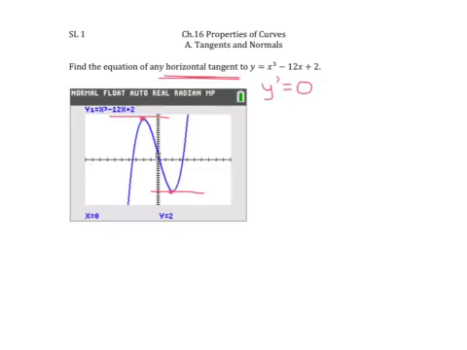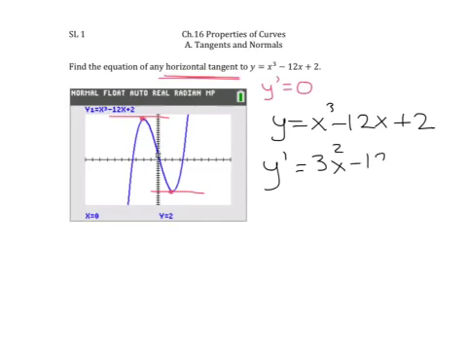So given y is equal to x cubed minus 12x plus 2, we can take the derivative of this function, which gives us 3x squared minus 12, and set it equal to 0. That's going to give us the slope of 0. The slope at any given line must be 0.